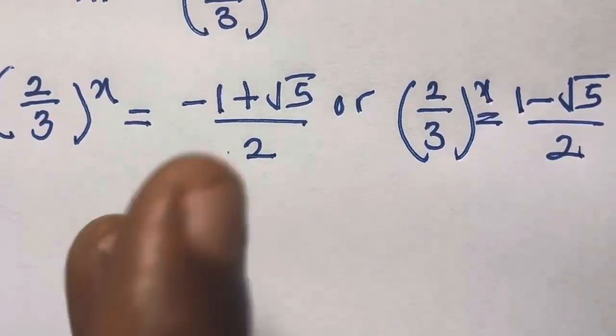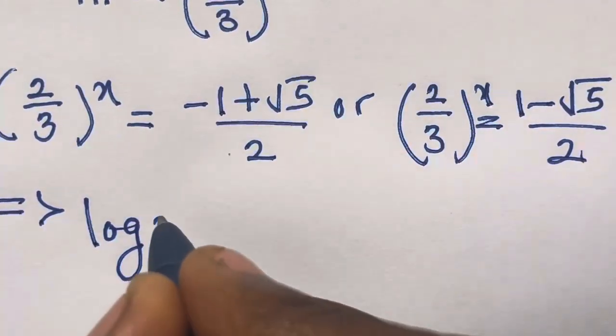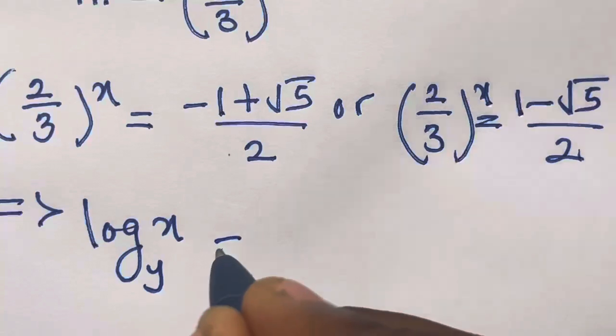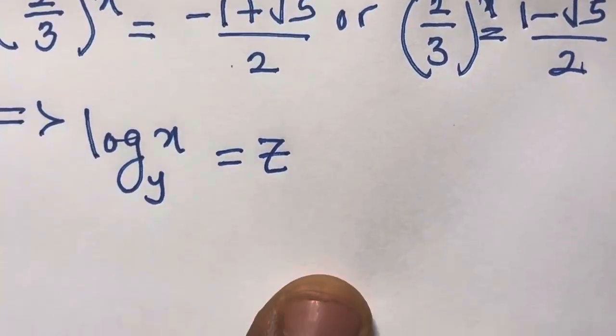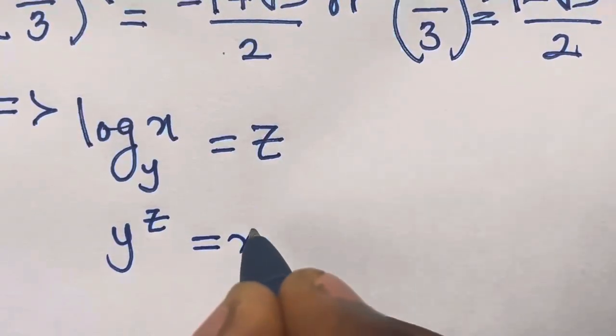So from here, let's recall that if you have log x in base y equals z, this implies that y raised to power z equals x.